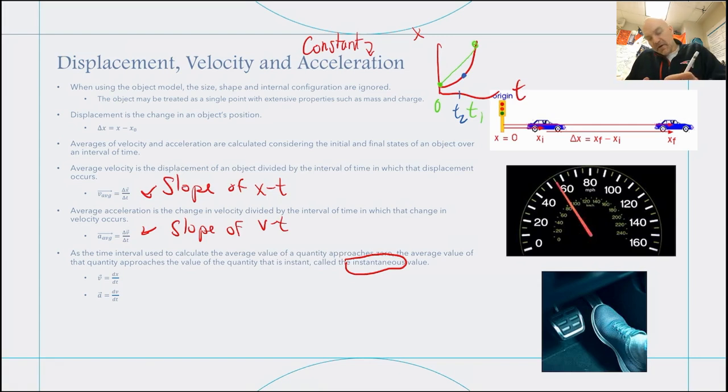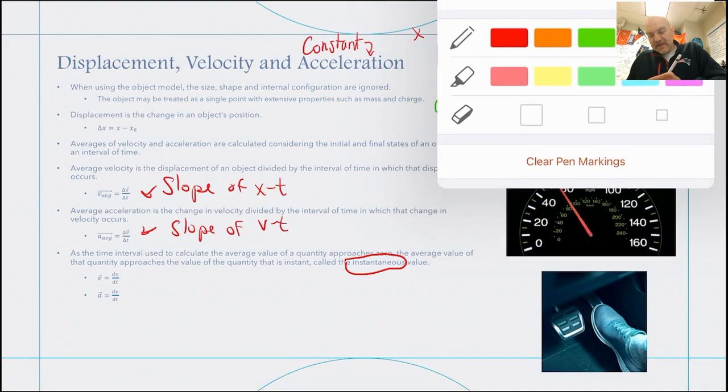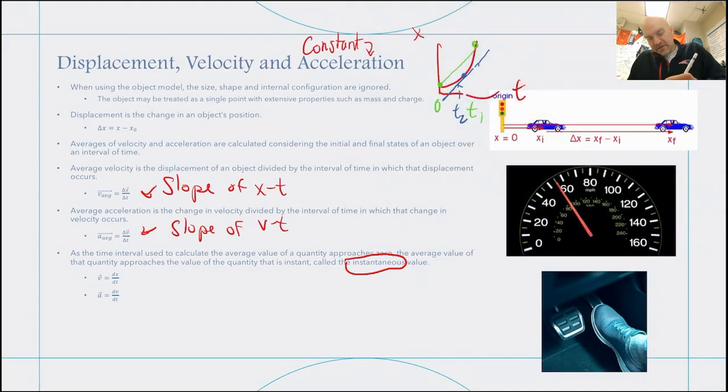I take those two points and start shrinking the time interval between them until it's zero. Now I have a tangent line, and this tangent line is what we're finding the slope of. I didn't mean to draw a slope notation there.